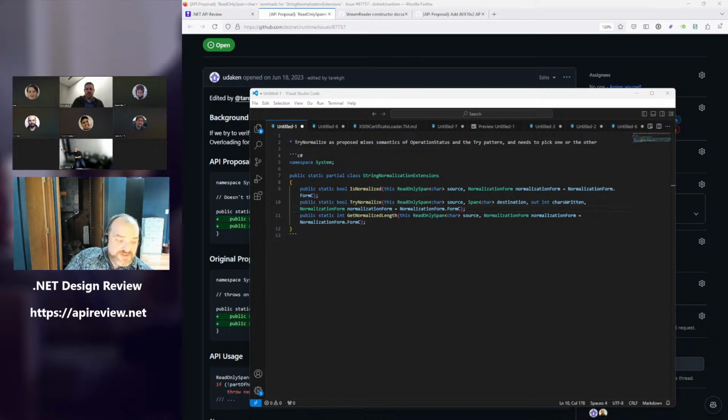And the answer is, right now in .NET, we generally don't have an answer for that, because the design guideline of everything in .NET is to throw an exception on failure. Then we carve out cases that we think are special, and for span writing we get the try write, which returns false for destination too small.